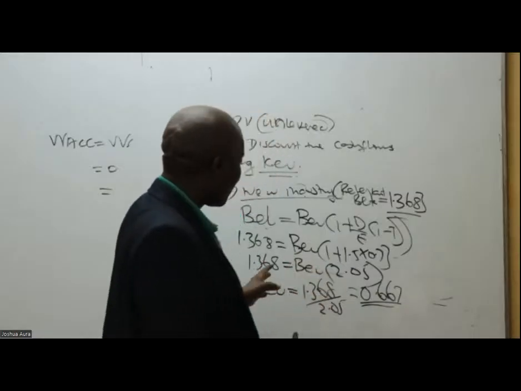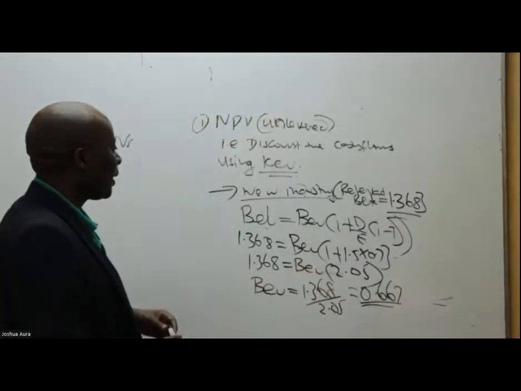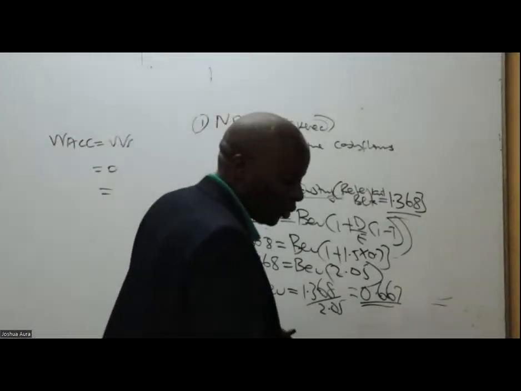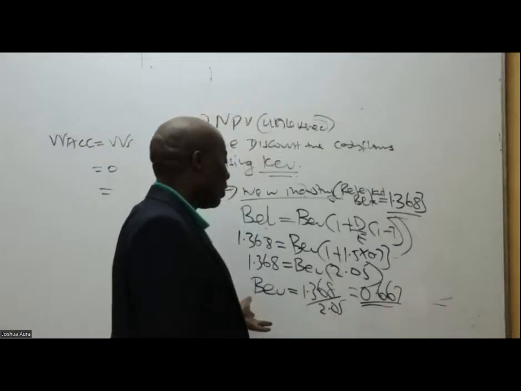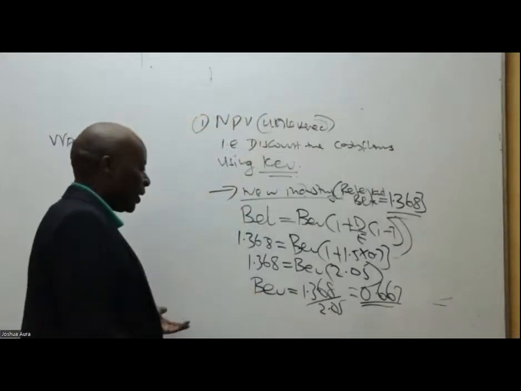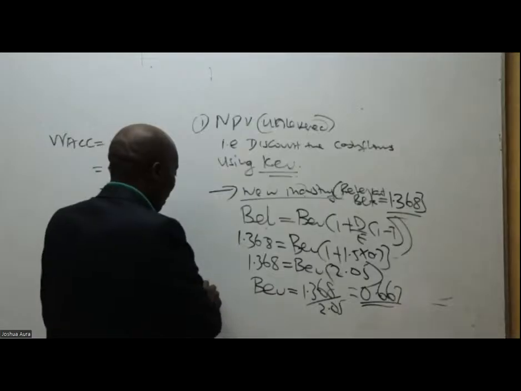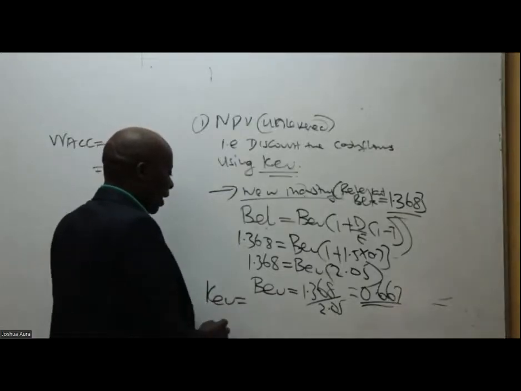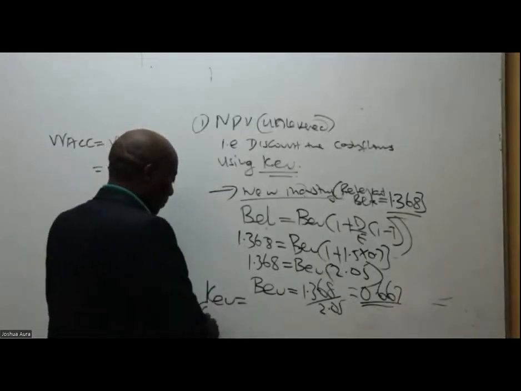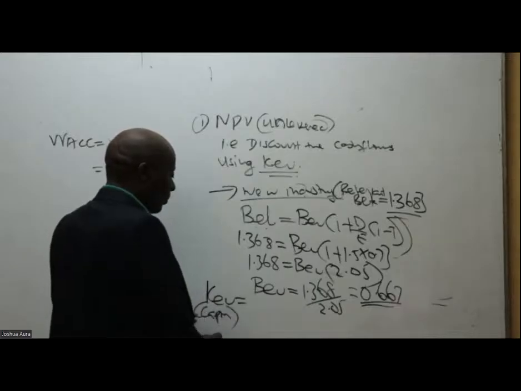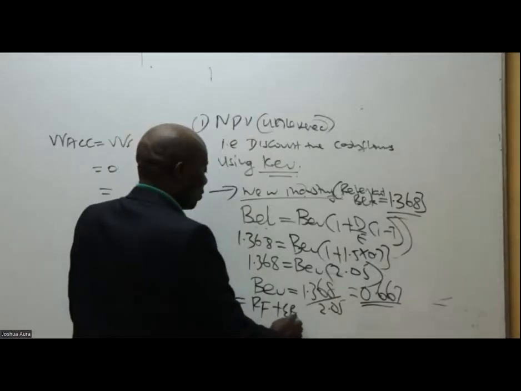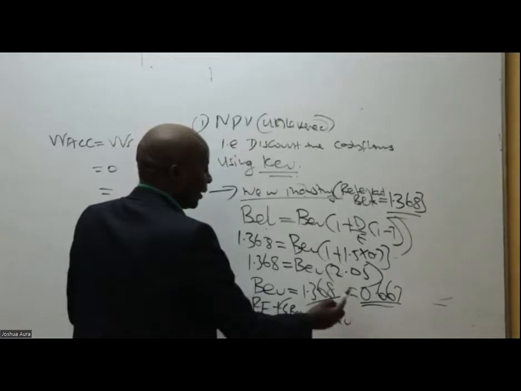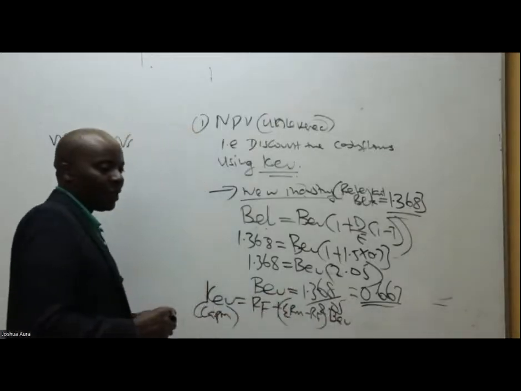So if that is the case, what do I need to do? Very fast, remember, I want to get my KU. So how do I get my KU here? To get my KU, I know I'm going to use CAPM. So CAPM, we know it should be risk-free, plus returns of the market minus risk-free, outside here times BEU, unlevered, pure unlevered.